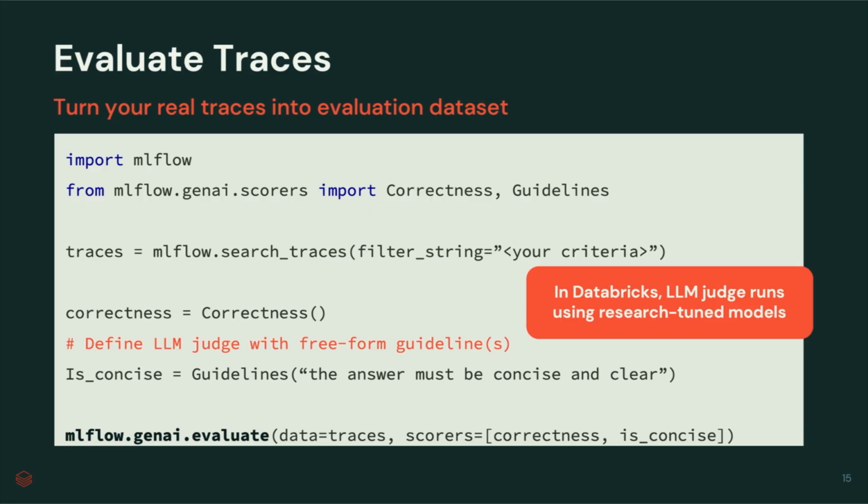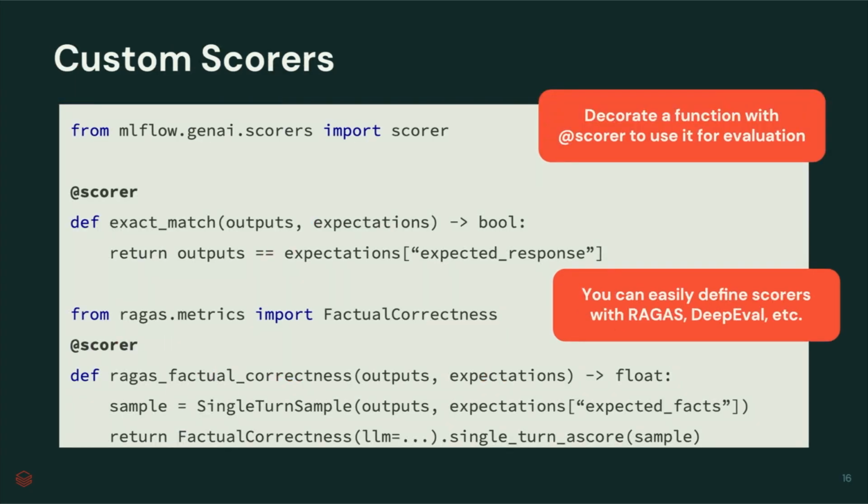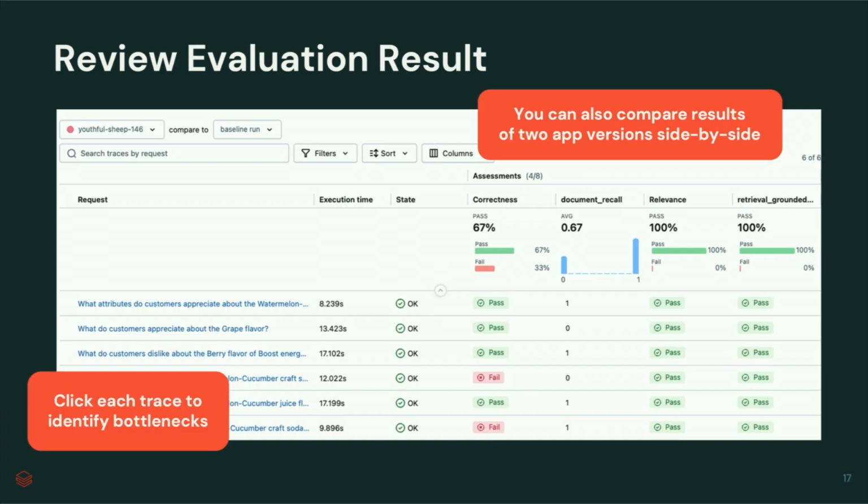You can run the traces on your production application, and you can use the same custom scores that you defined during offline development for online monitoring. And here you can review the evaluation results again and identify the bottlenecks or the issues and the root cause to fix it later.